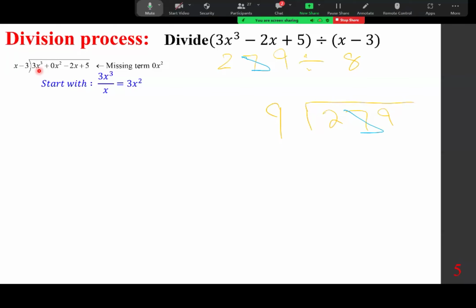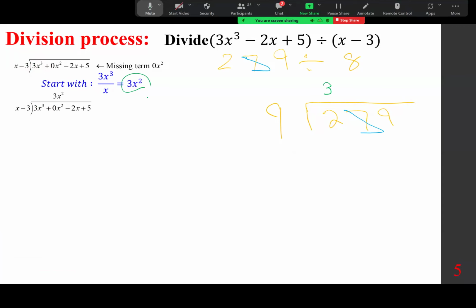That's exactly what we are doing by picking the first term of the dividend divided by the first term of the divisor. We are guesstimating. With that being the case, we get roughly 3. Over here we got 3x squared.